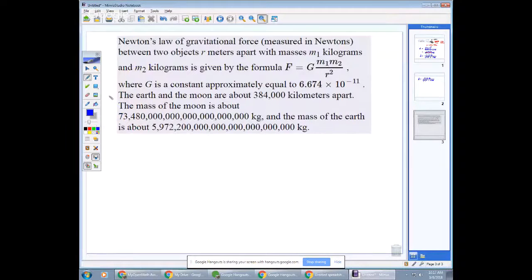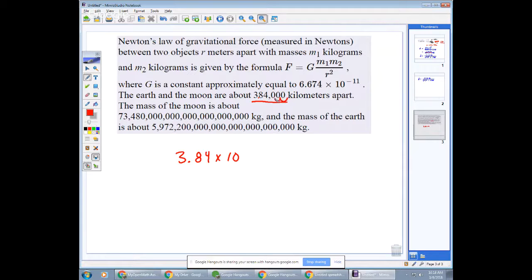With scientific notation, where do we want the decimal point to be for this number right here? Yeah, there should be only one digit to the left of the decimal point. So it's got to be written as 3.84 times 10 to some power. Now, since that's a big number, it's going to be a positive power. And I just have to count how many times the decimal place got moved.